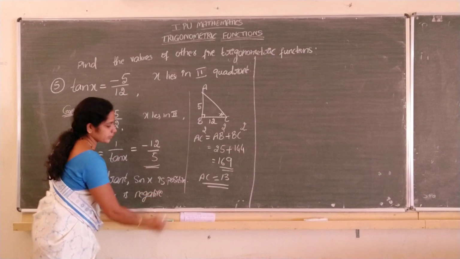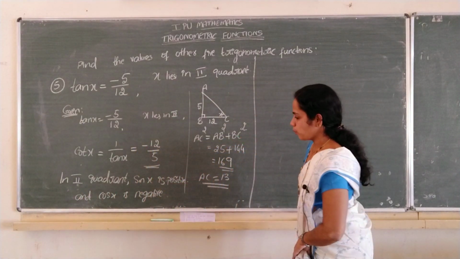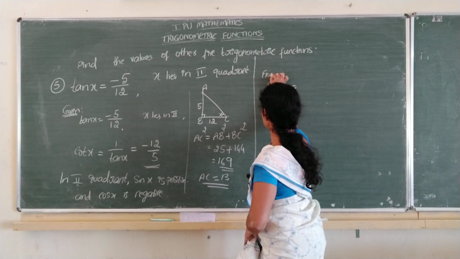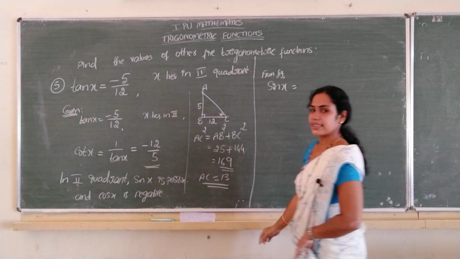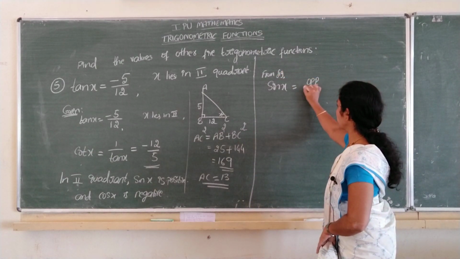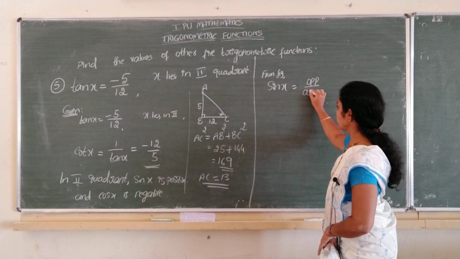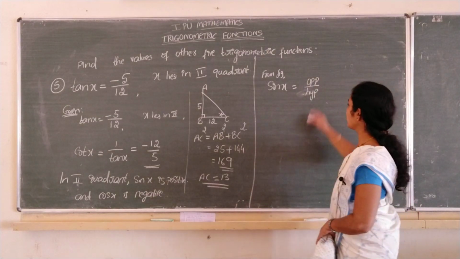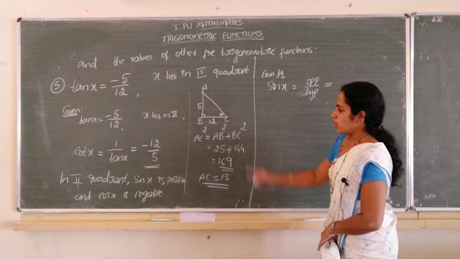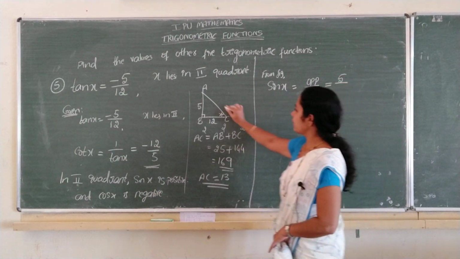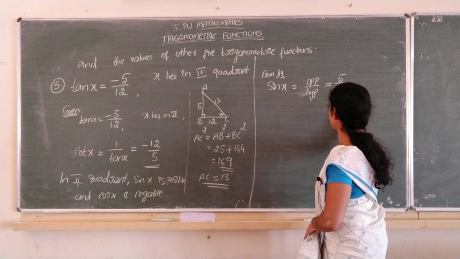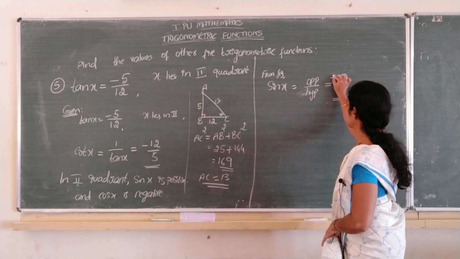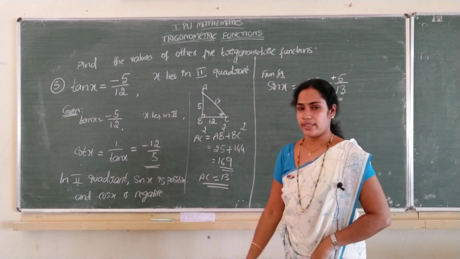Sin is positive, cos is negative. Now, from the figure, we can write sin x. Sin x is opposite by hypotenuse. What is opposite? 5, divided by AC, we got 13. Sin is positive in the second quadrant, so 5 by 13.